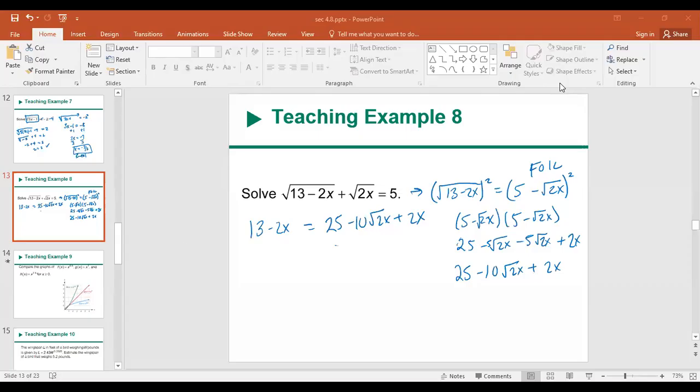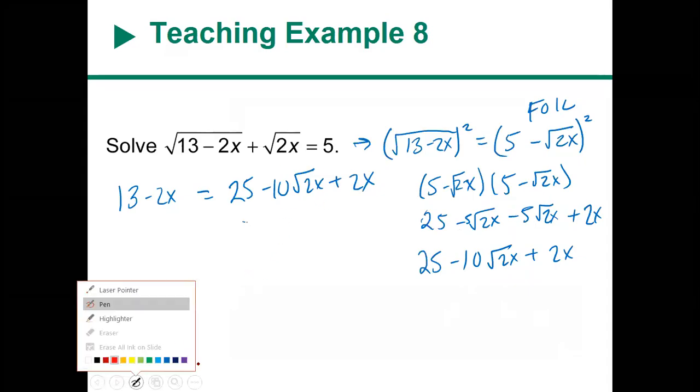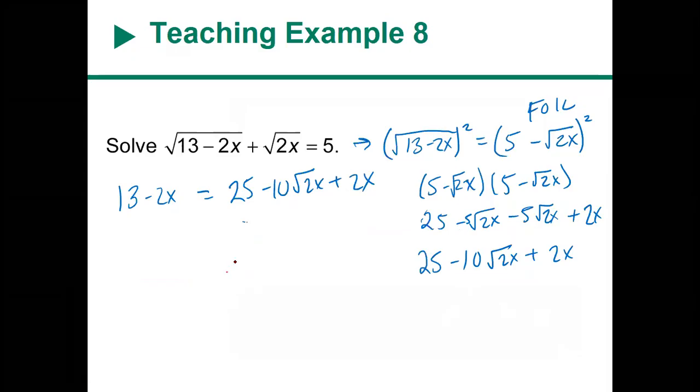Sorry for our faulty internet. So now you're going to notice that I have a negative 2x and a positive 2x. I'm going to combine them.